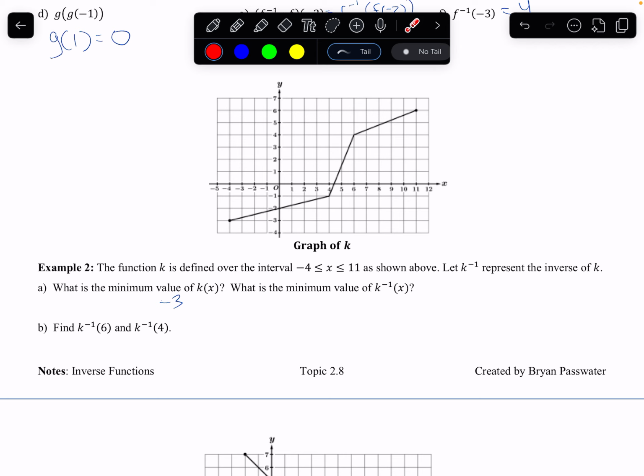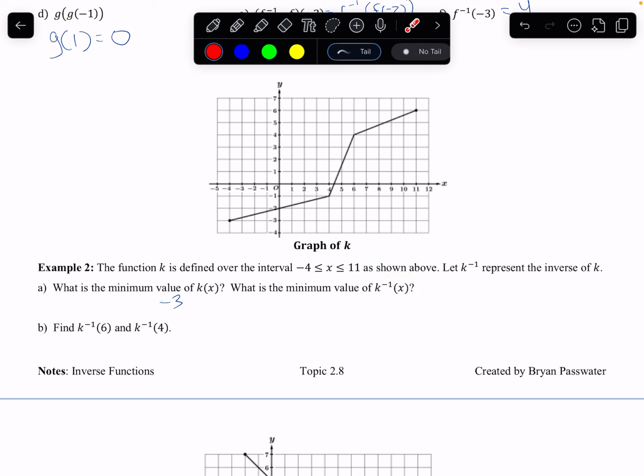So on the inverse, what was the y's will become the x's. What were the x's will become the y's. And this is saying, what is the minimum value of the inverse? Well, that is saying, what is the minimum y value on the inverse?